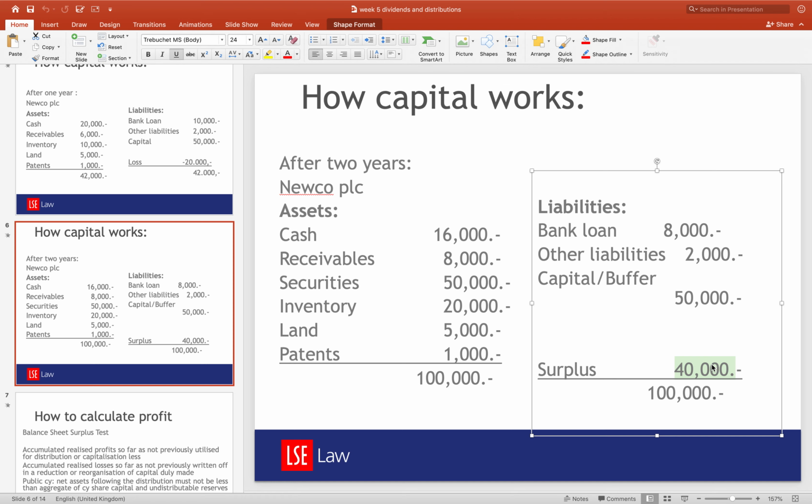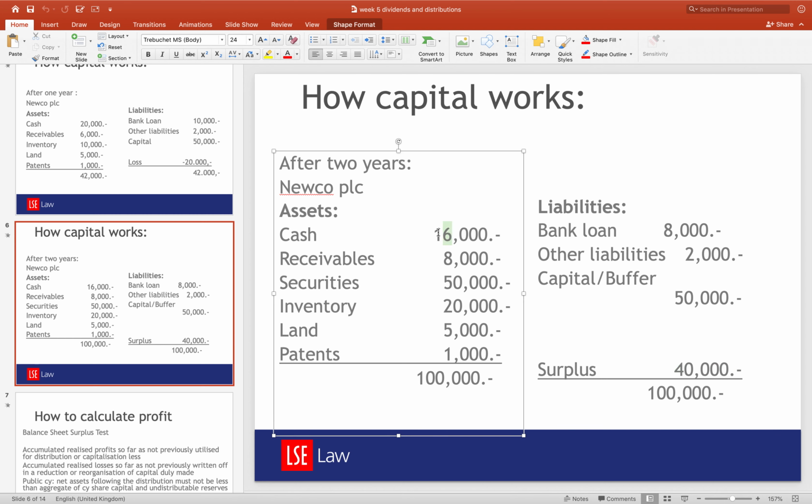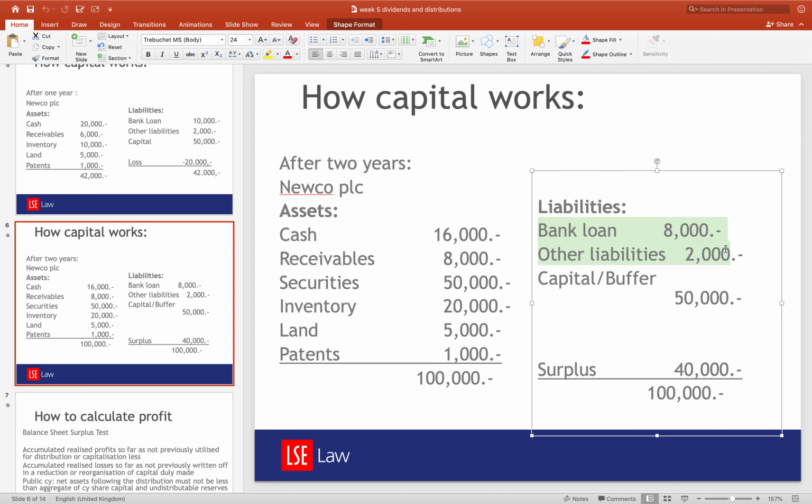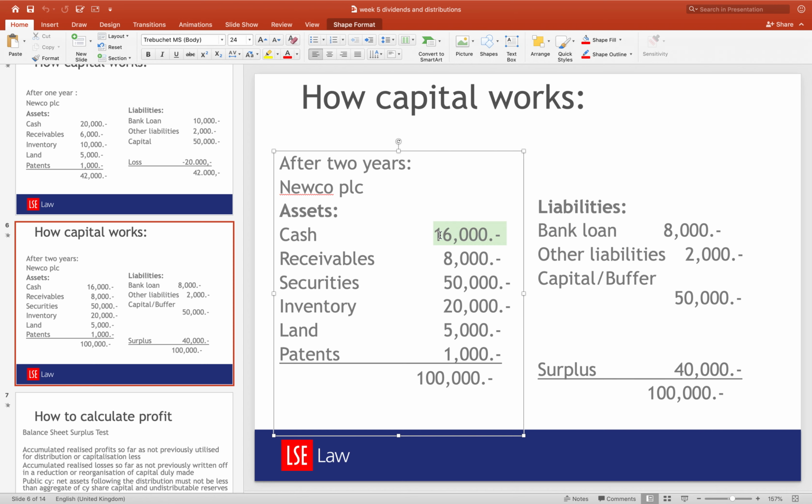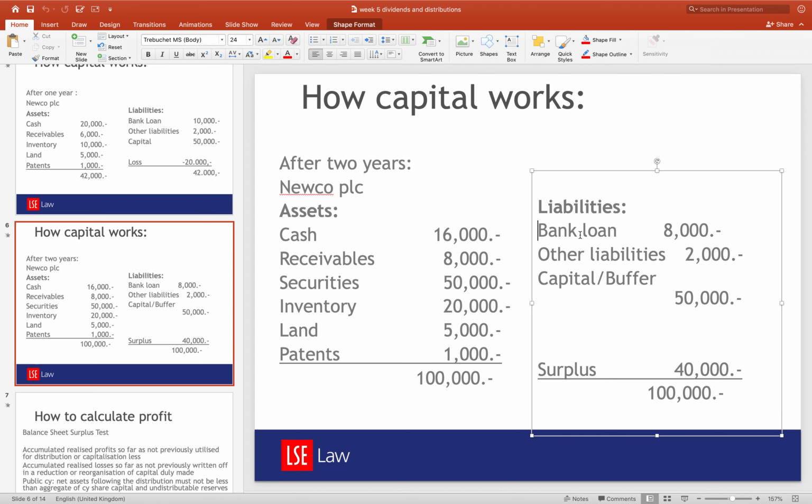And the question is, how much can it distribute? Now, if you look just at the asset side, you'll see a good amount of liquidity, healthy receivables. We don't know much about how liquid those securities, inventory, land, and patents are. But in any event, we've got liabilities worth 10,000, and the company at the moment has enough cash to pay down that liability.